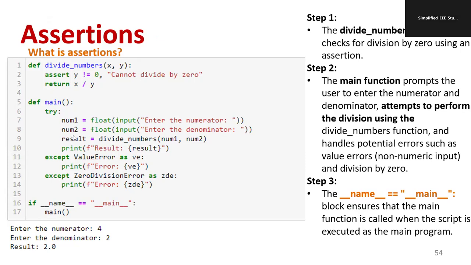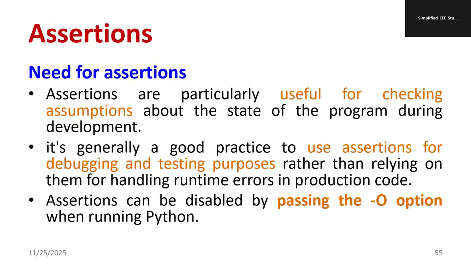That means NUM and NUM2 are the numbers on which we attempt to perform the division using the divide number function, which handles potential errors such as value errors like non-numerical inputs, and division by 0. The name equals main block ensures the main function is called when the script is executed as the main program. Ultimately, that will prevent further errors and it is one part of exception handling.